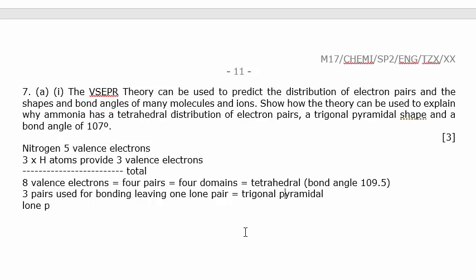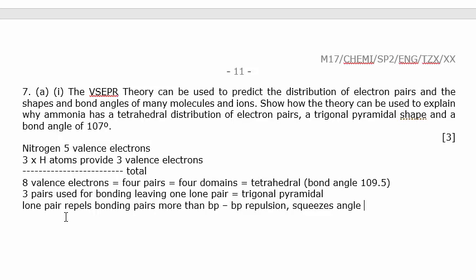The lone pair repels bonding pairs more than bonding pair repulsion, and this squeezes the angle to 107 degrees.